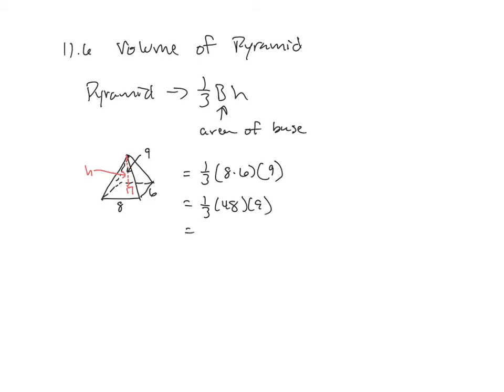1/3 means divide by 3. I didn't really look at the 48, but 9 divided by 3 is 3. 48 does divide by 3, but that's okay. So we have 144, and this would be inches cubed, whatever the measurement that's used.